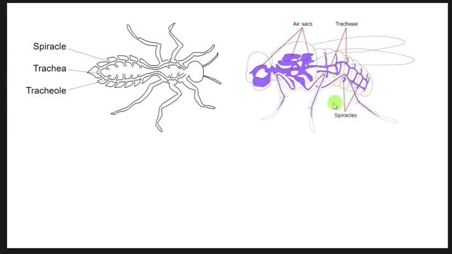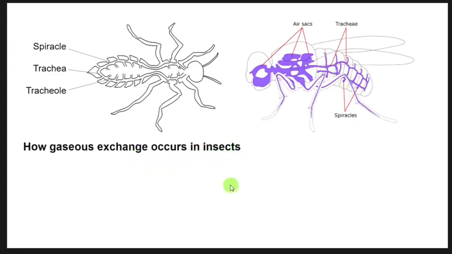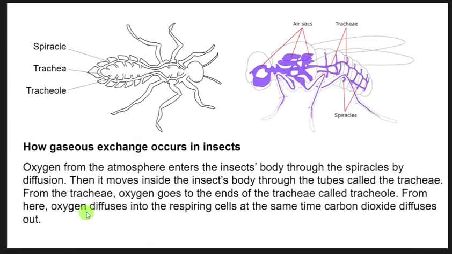All right, so now let's look at how gaseous exchange occurs in insects. Oxygen from the atmosphere enters the insect's body through the spiracles by diffusion.